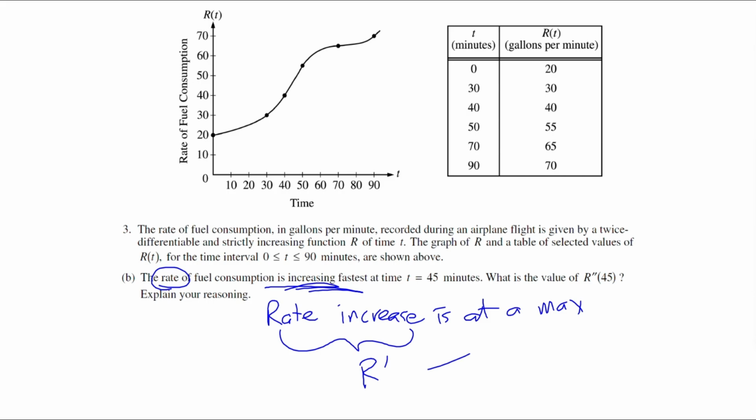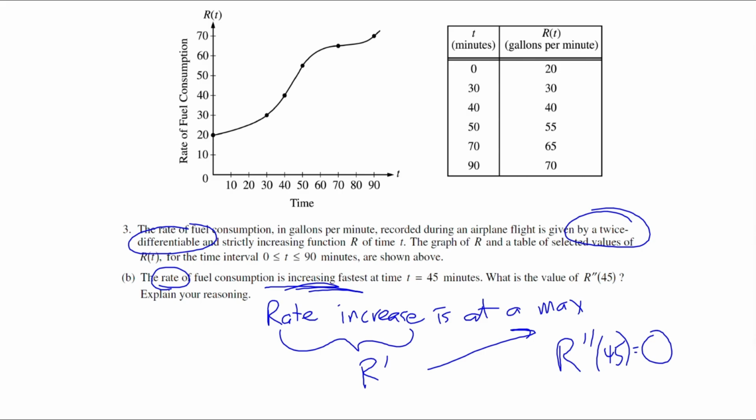And if that rate is at a max on a twice differentiable function, that means that the second derivative has to equal 0, right? Because there can't be a place where the second derivative is undefined if R is twice differentiable. So R double prime of 45 should be equal to 0. And it says explain your reasoning.